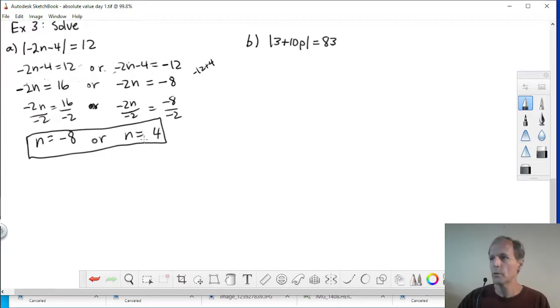Okay, one more. So the thing in the bars could be 83 or could be negative 83.